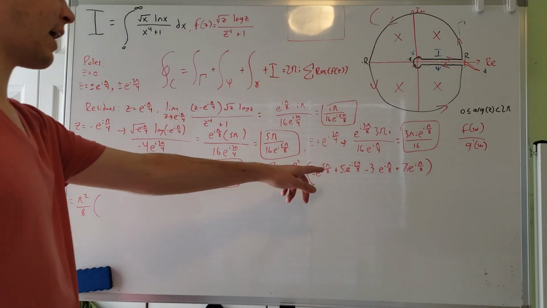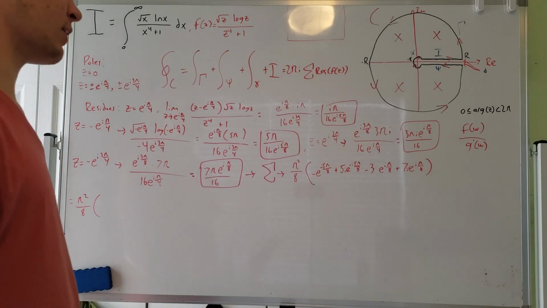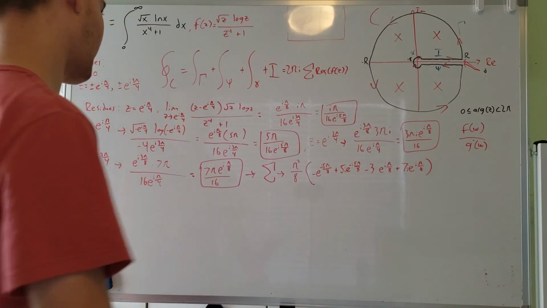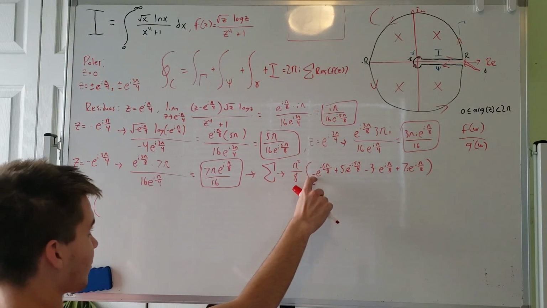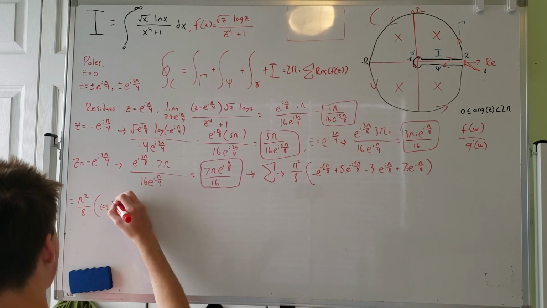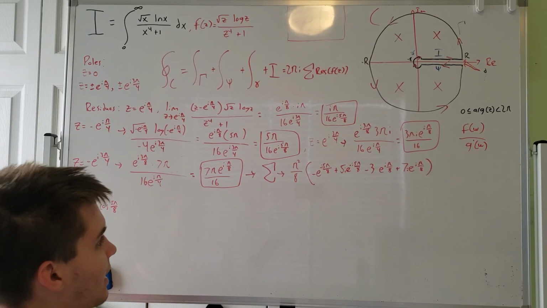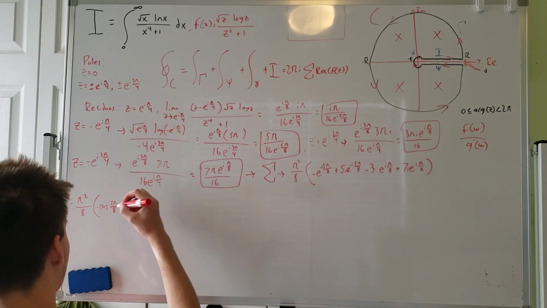So we have e to the minus i 5 pi over 8. So cosine's an even function, so cosine of negative 5 pi over 8 is just cosine 5 pi over 8. But since we're negating it with this outside negative, we're going to get minus cosine 5 pi over 8. Sine is odd, so we're going to get minus i sine 5 pi over 8, but the negative will fix that.